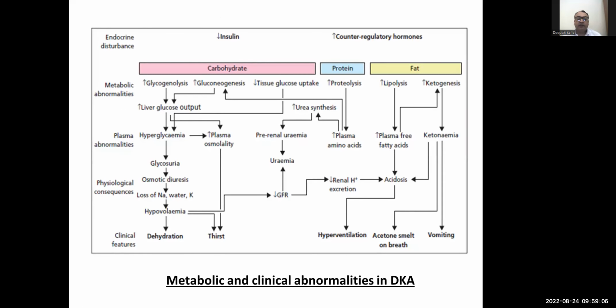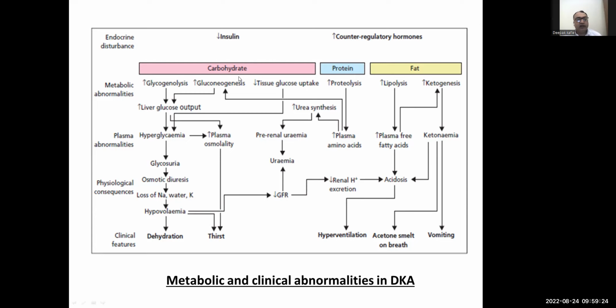So if you look at some of the metabolic and clinical abnormalities in DKA, especially with regard to counter-regulatory hormone production, with high production of glucagon as compared to insulin, the following are the biochemical changes in diabetic ketoacidosis.